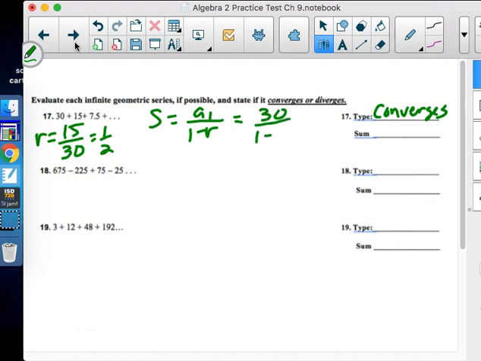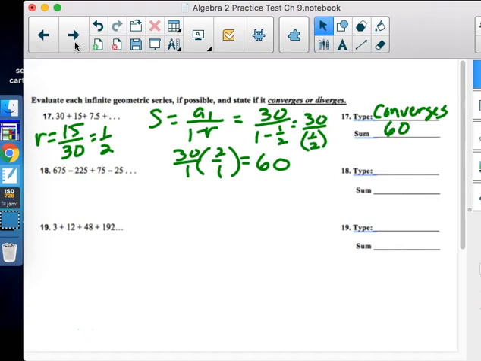And we just found r. It was a half. So this is going to be 30 divided by a half, which, if you just quickly multiply by the reciprocal, gives you 60. Or you grab a calculator. Either way. There it is.